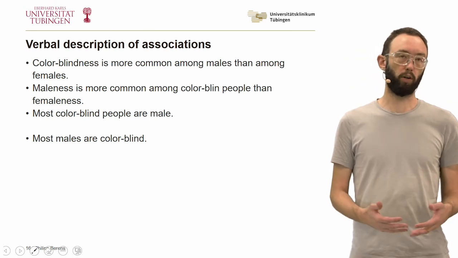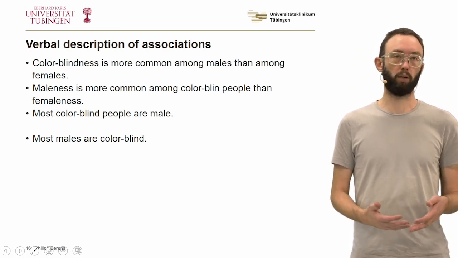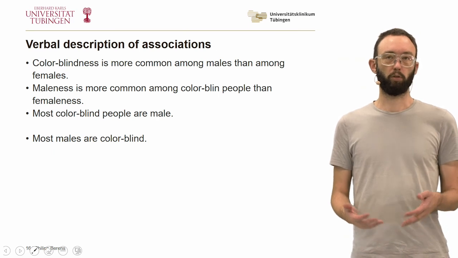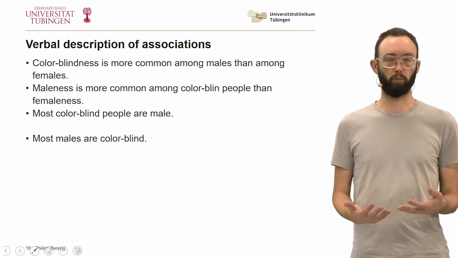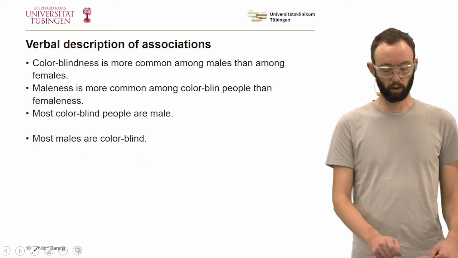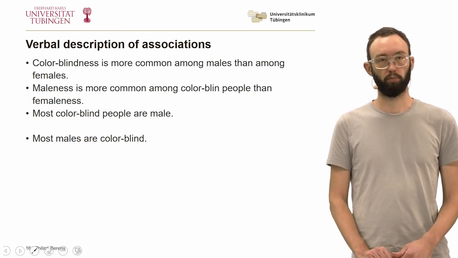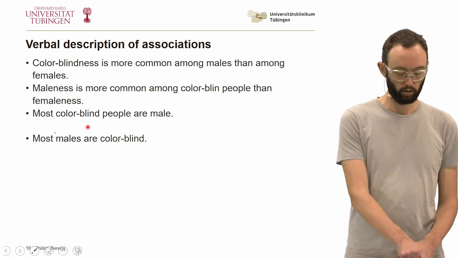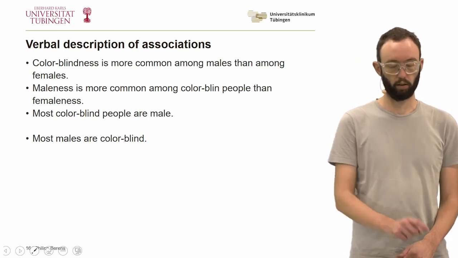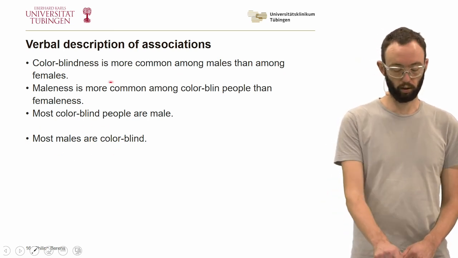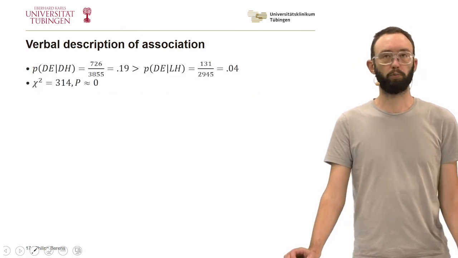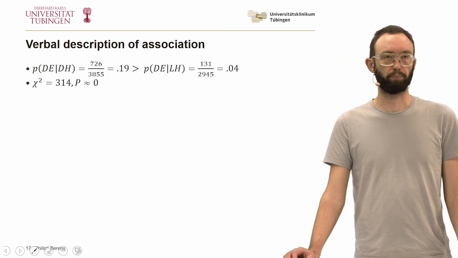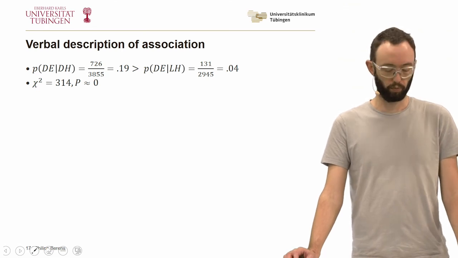You could finally say most colorblind people are male, but what is not legitimate to say, and does not follow from the above, is that most males are in fact colorblind, because this is another statement than any of these. So one has to be careful of how one describes such associations.